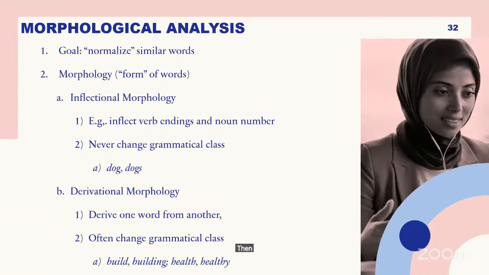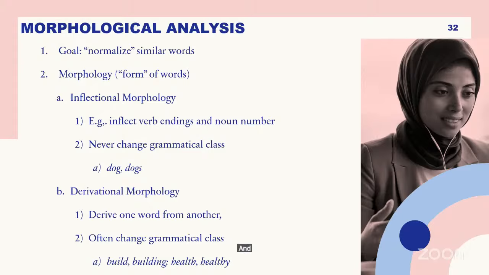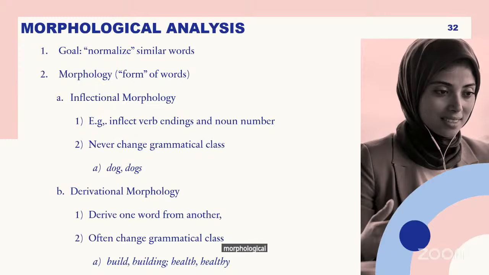Then we have morphological analysis. That is, the word needs to be taken as a word and it cannot be changed into another form. We will be calling it morphological analysis. So you can call it normalizing a word.